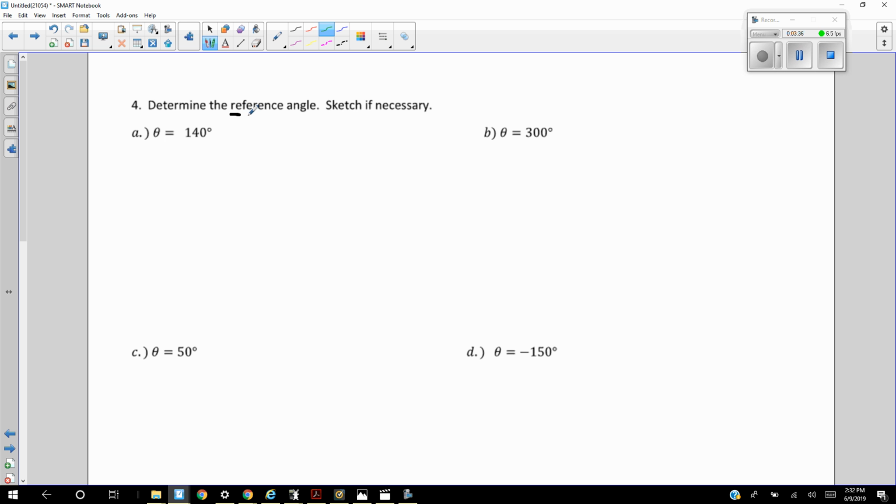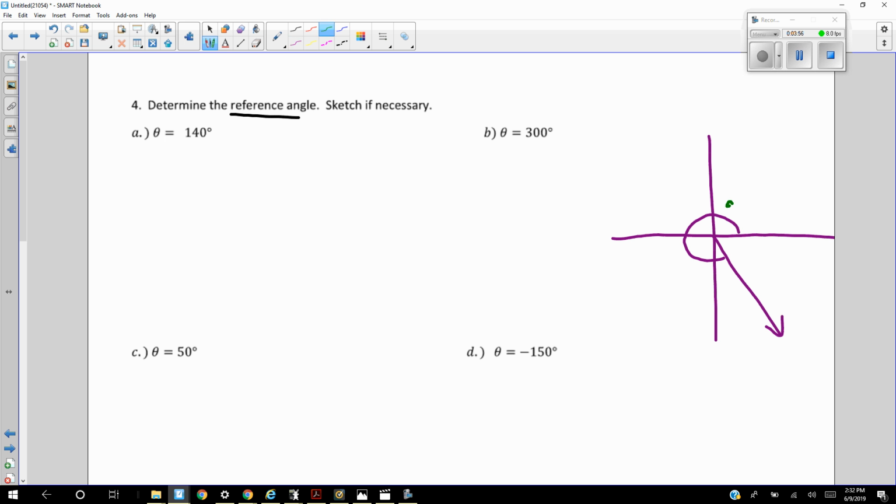Here we're determining the reference angle, which is kind of like the shortest degree measured to the x-axis. So I'll go through a couple of these. 300 degrees. We're first going to sketch that angle. So that's 300 degrees.